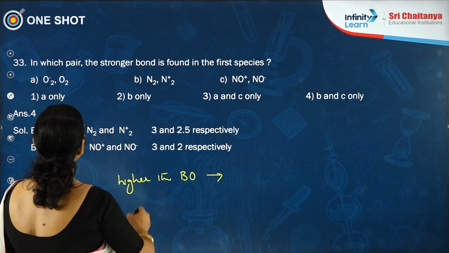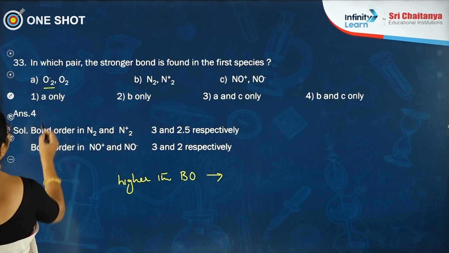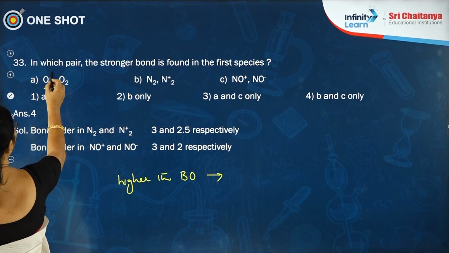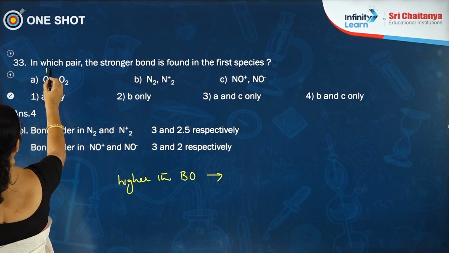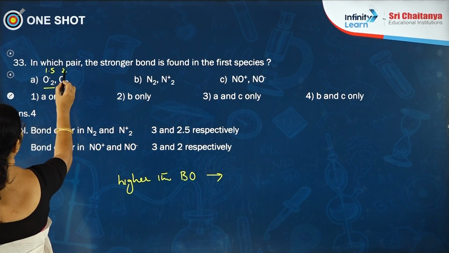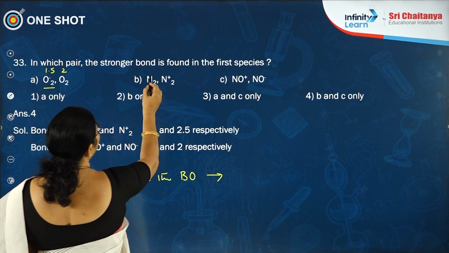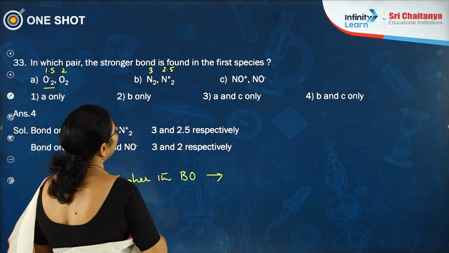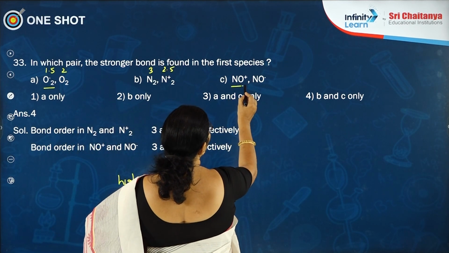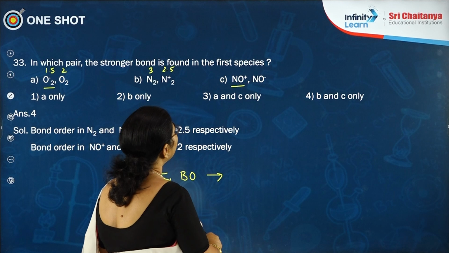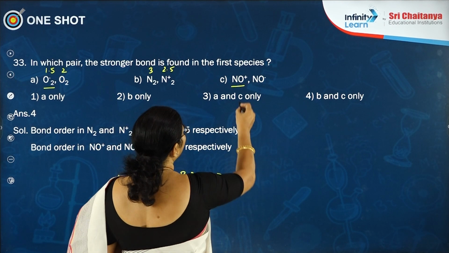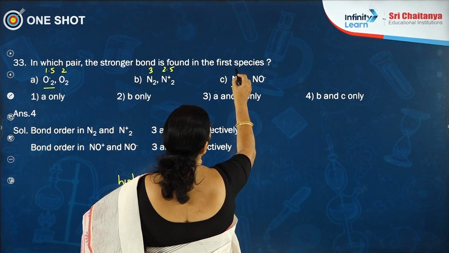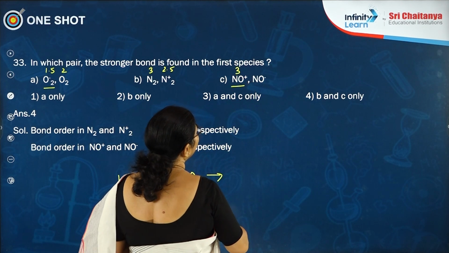For example, O2 minus is 1.5, O2 is 2, N2 is 3, N2 plus is 2.5. NO plus means nitrogen 7 plus 8, 15, minus 1, 14 electrons. 14 electrons means bond order is 3.